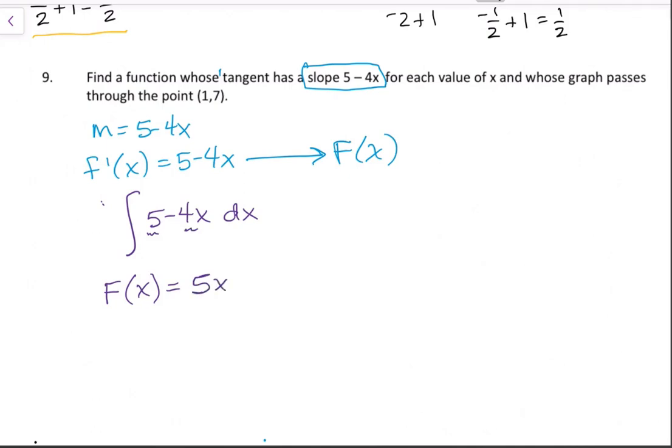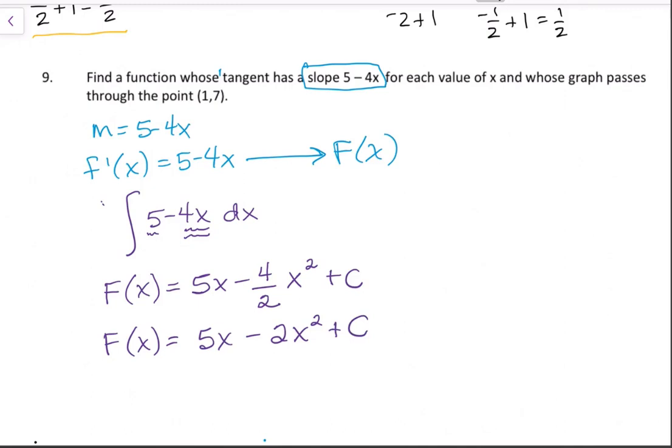And when I integrate the second term, that's my power rule, where I take the coefficient over the exponent plus 1, and then exponent plus 1 on my variable, and then my plus c. So I'm going to rewrite that real quick, getting that second coefficient simplified. So here's my function so far, 5x minus 2x squared plus c.